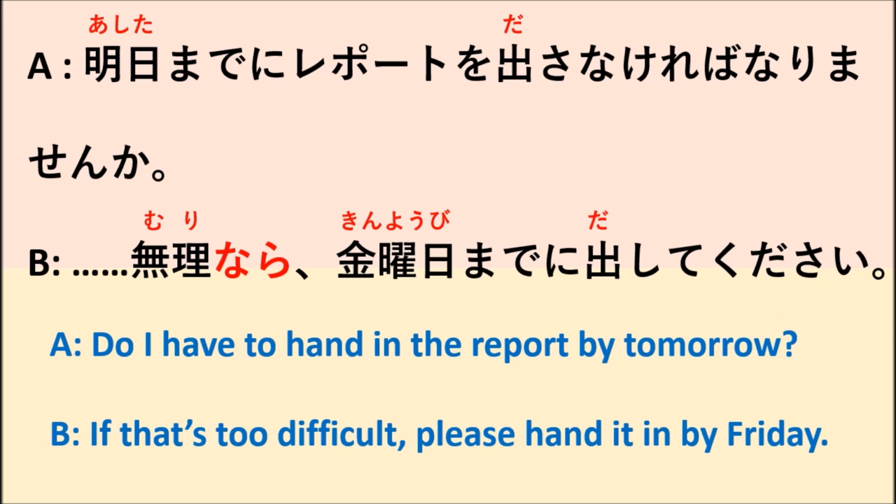So here muri nara, if that's too difficult. 金曜日までに出してください。Please hand it in by Friday. So this is about how to use nara and ba to create a sentence starting with if or when.